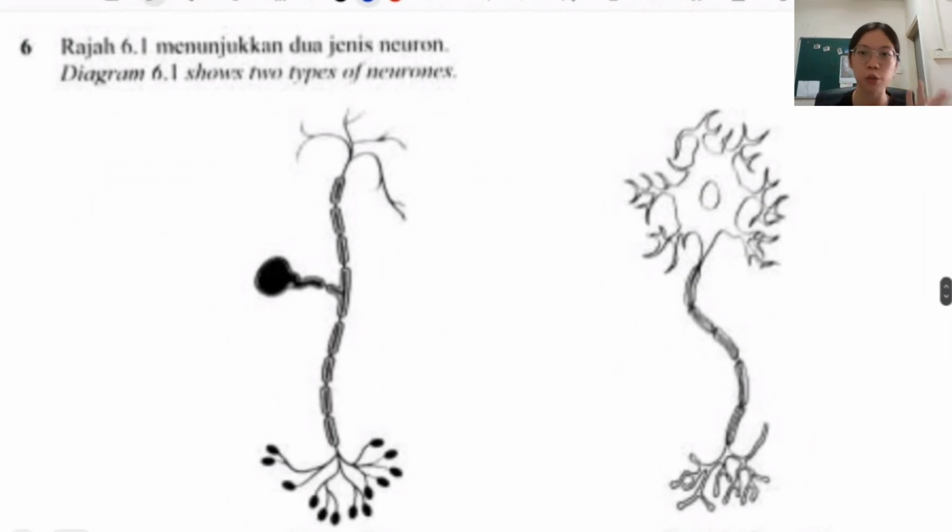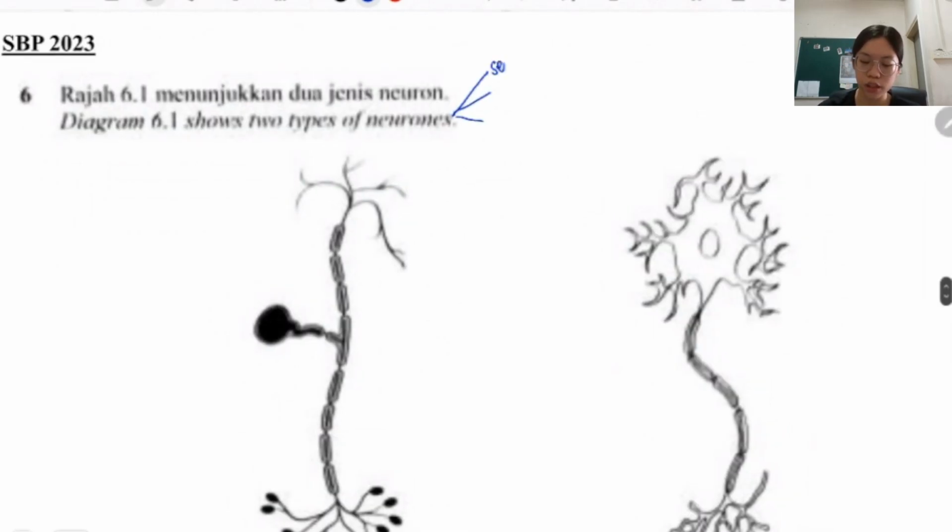Before we identify which one is the sensory neuron and motor neuron, there are actually three types. First of all, when you sense the stimulus, the nerve impulse is triggered and it will be sent through the sensory neuron first. Later on, it will go to the relay neuron.